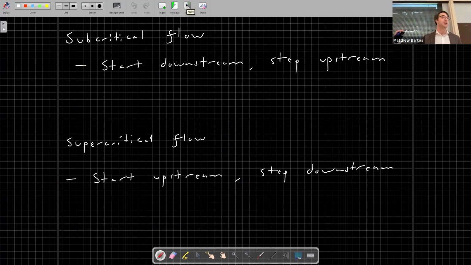For subcritical, disturbances can propagate upstream. So therefore, things that are downstream can affect the upstream water surface profiles. For supercritical flow, information cannot travel upstream. So we start with the most upstream condition and make our way downstream. Any questions on this concept? I know it's a lot today.